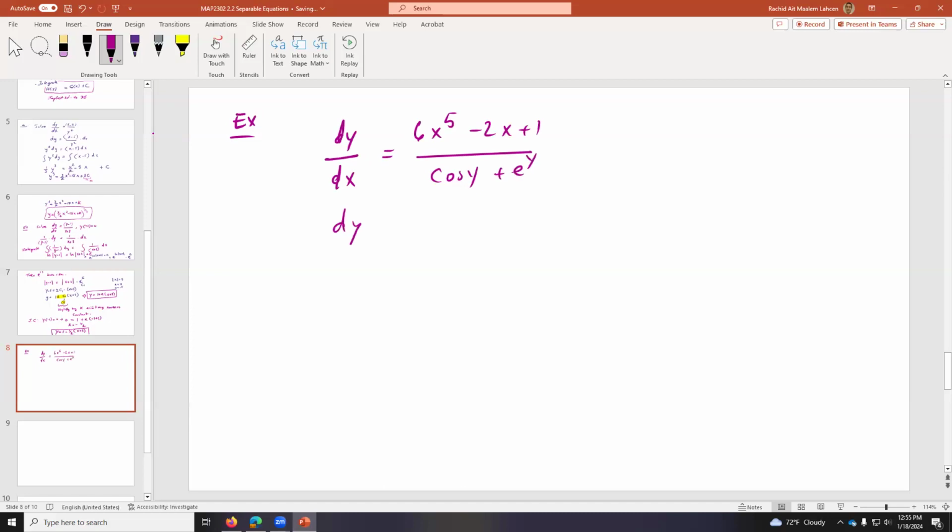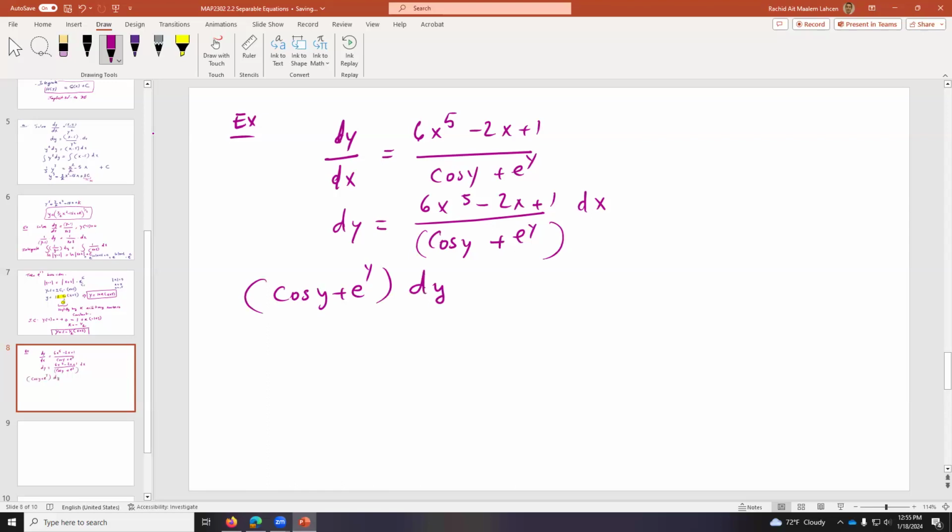Of course, we separate the variables here. Then we send the y terms to this side. Then we integrate.